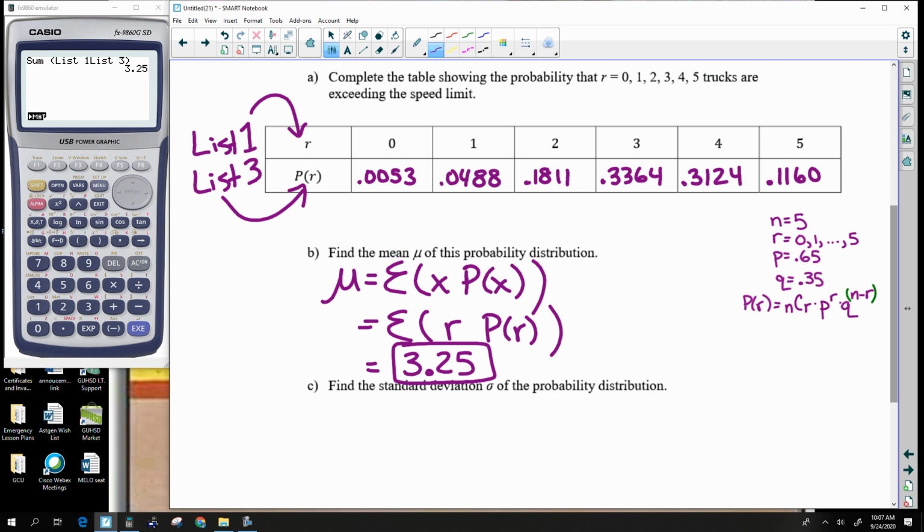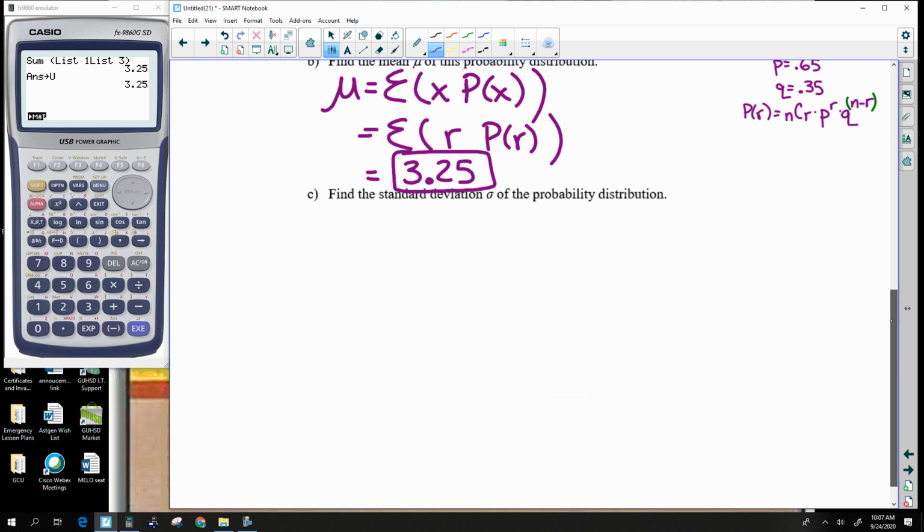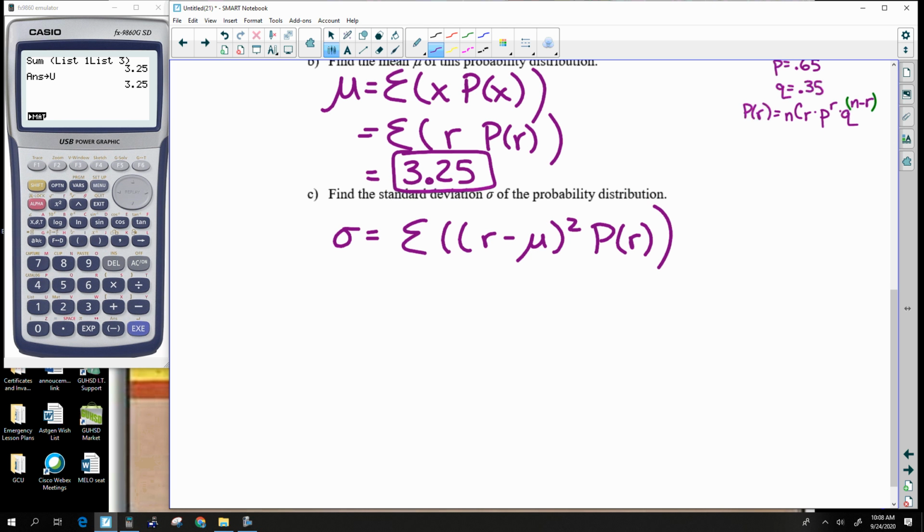Okay, I'm going to store that answer as the letter U because the very next question is asking what is the standard deviation. And so that's the square root of the sum of (x, or in this case r, minus mu) squared times p(x), aka P(r).